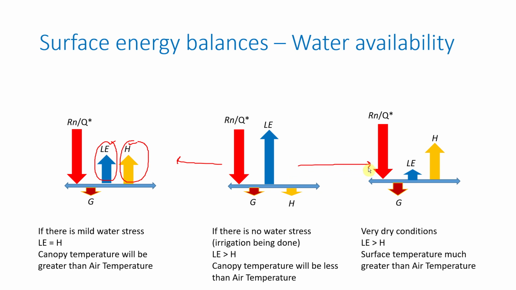And if we go to the very dry conditions, there will be less evapotranspiration and a lot of sensible heat. So the surface temperature is much greater than the air temperature in this case.